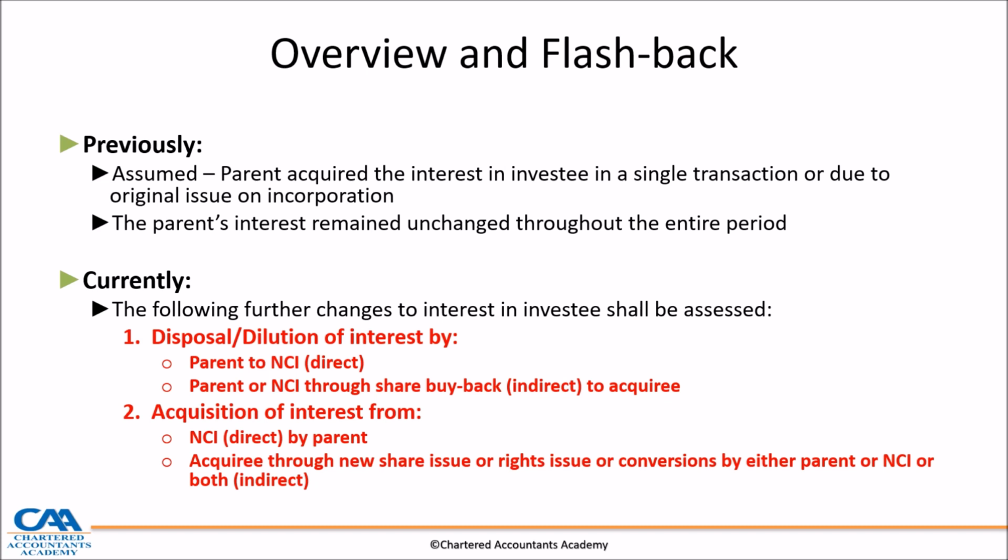Or sometimes it could be an acquisition of interest from NCI by parent, or rather acquiree, where parent acquires from acquiree through new share issue or rights issue or conversion by either parent or NCI or both.